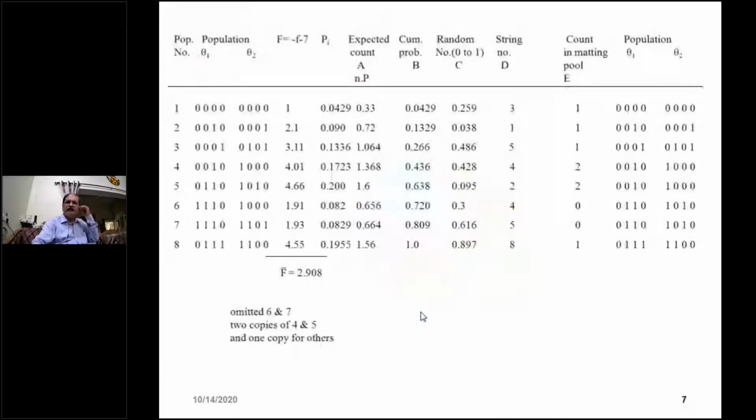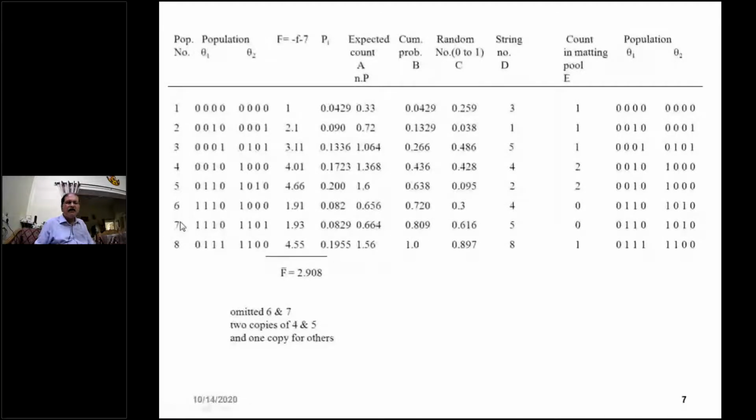Then another example is given, and here when you go for the reproduction, you see you have omitted 6 and 7.